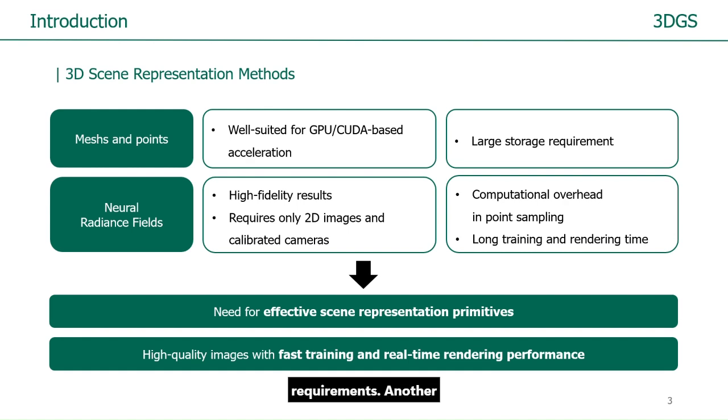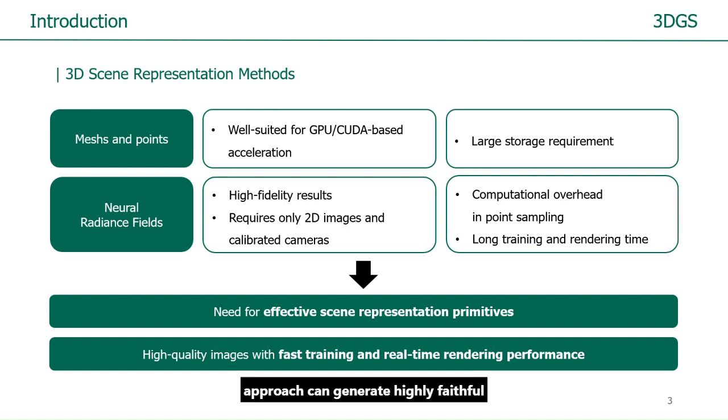requirements. Another representative method is neural radiance fields, or NeRF. NeRF is a learning-based continuous function that takes a 3D coordinate and camera ray direction as input and outputs the radiance and density at the location.